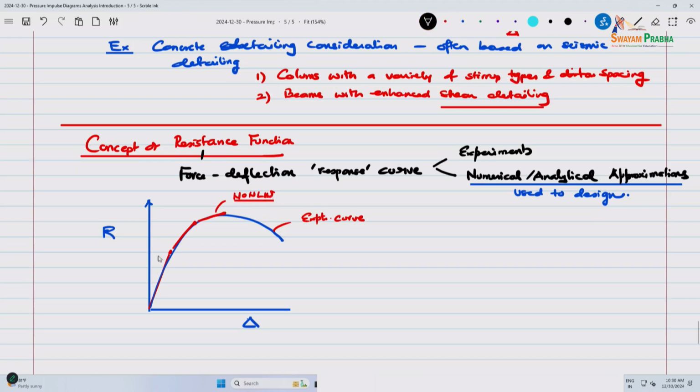Non-lin gives you this resistance point is P naught. So, we will be using non-lin for all our examples.